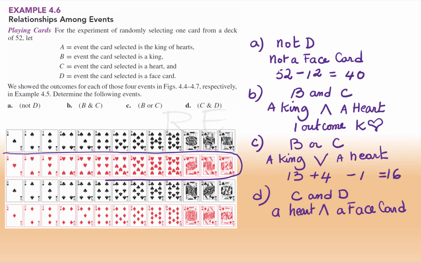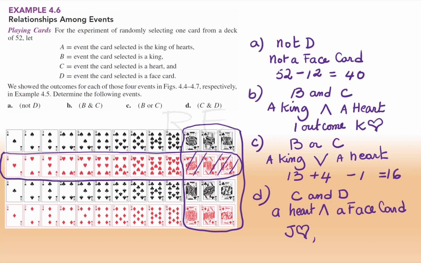For the face cards, we have 12 of them. We're going to take the overlap since it has to satisfy both requirements. And the overlap is the jack of hearts, the queen of hearts, and the king of hearts. 3 outcomes.